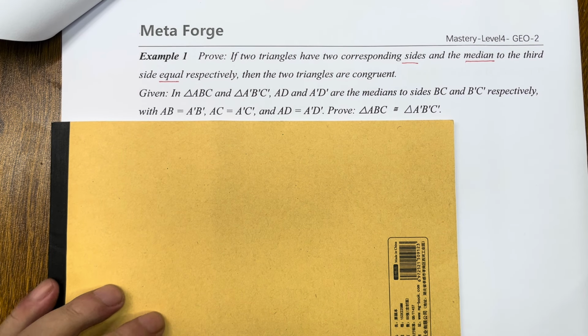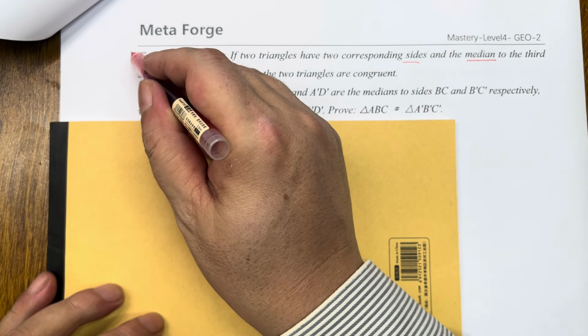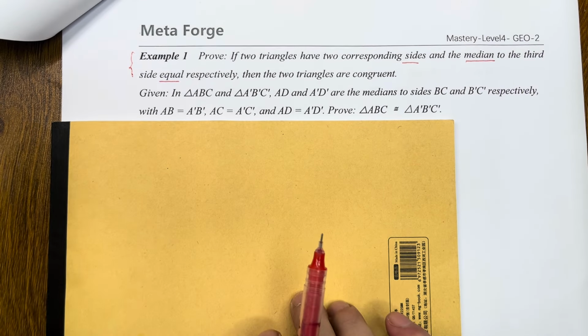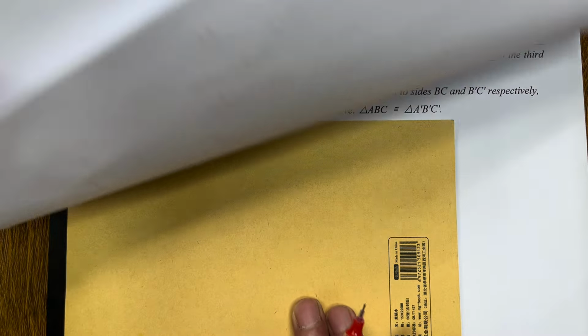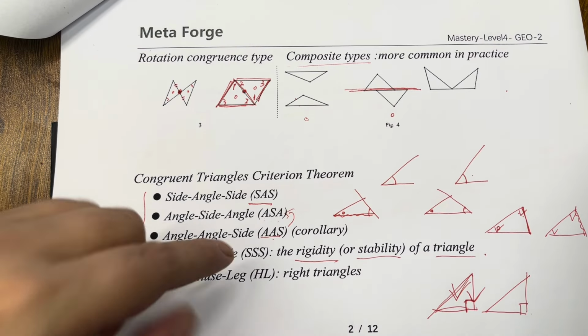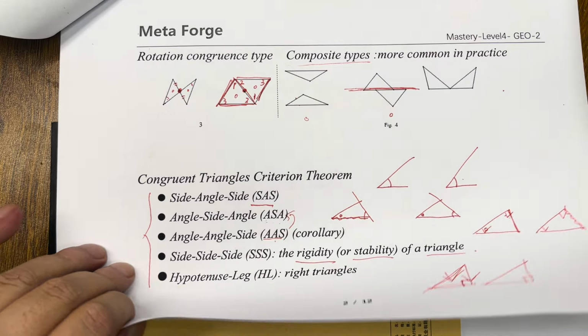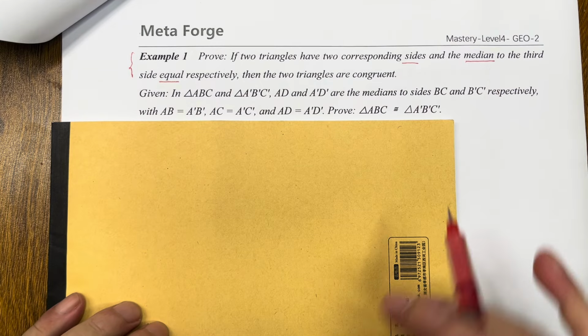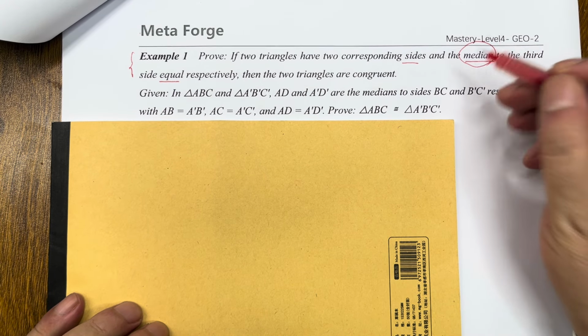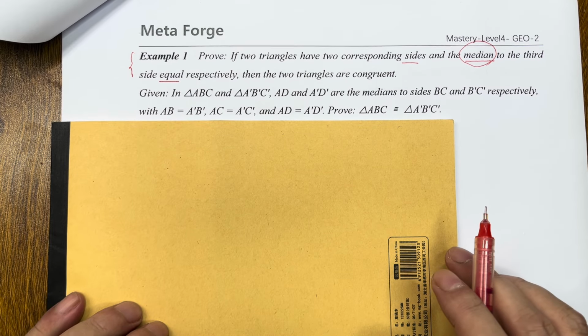Why can't this statement go into the theorems here? Here are five theorems. Because the median is not a side of a triangle.